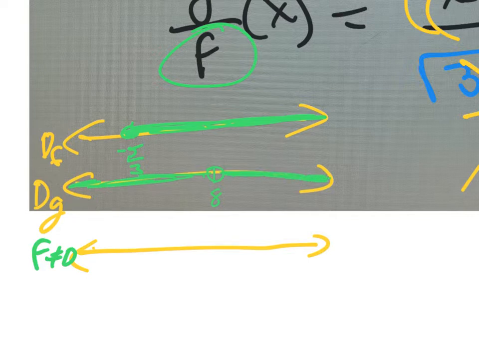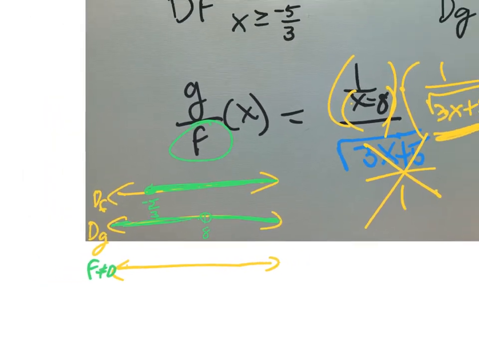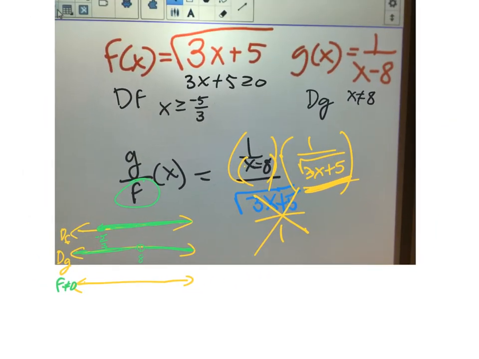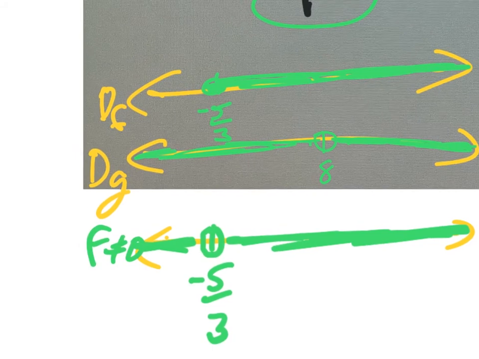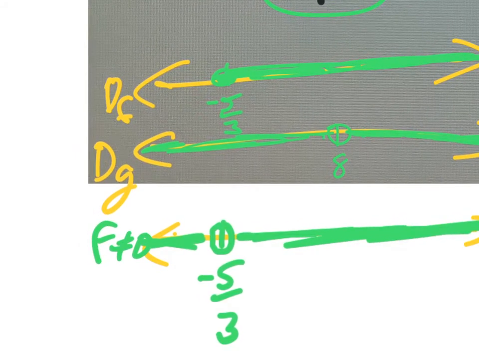And then the third one is what makes f 0, because we don't want that. So what makes f 0? Oh yeah, it's that same number. Negative 5/3 will make it 0. So now we're saying here negative 5/3, it can't be that after all. And then these 3 number lines give us our final domain for that.